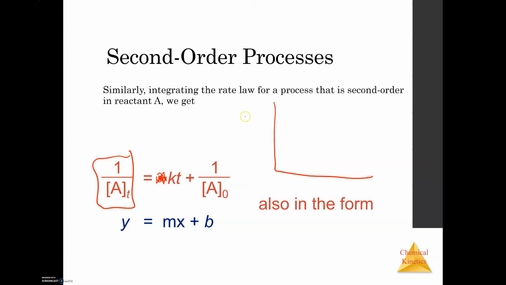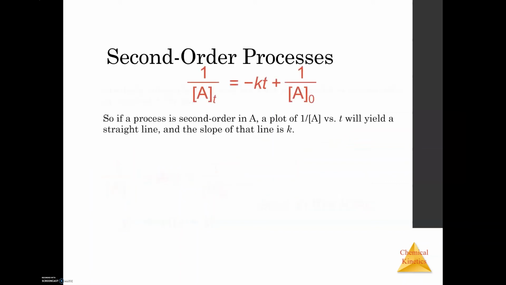So you'd have a graph of 1 over concentration of A versus time, and here you would have a graph that looks like this. It would be a straight line. Again, the point is to observe that for a second order process, you get this straight line. That's the whole point of integrating the rate law.